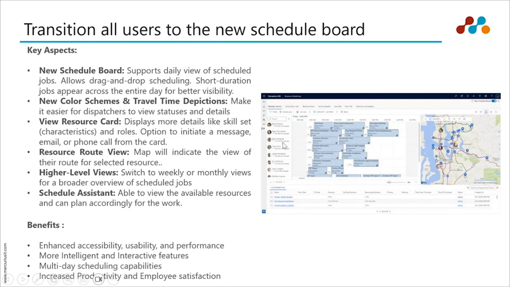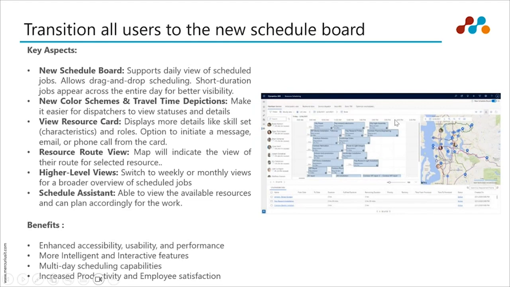If a dispatcher hovers over any of these resources, a resource card will be displayed, showcasing the skills and qualifications of that resource. That gives a dispatcher an overview of a resource with those specific skills and which type of work order that particular resource can be assigned, so that the work order can get completed in a very effective manner.